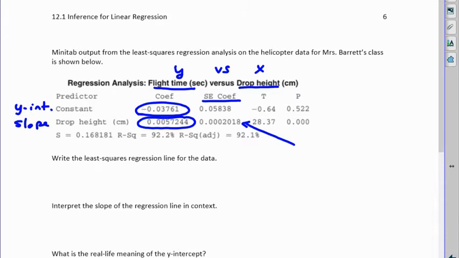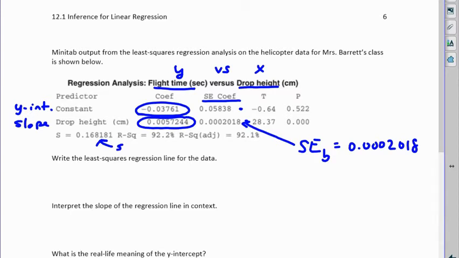This output actually gives the standard error values. You probably won't be using the standard error for the y-intercept, but the very important standard error of the slope is 0.0002018.